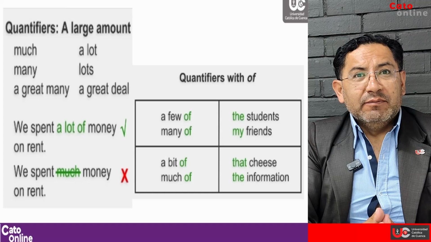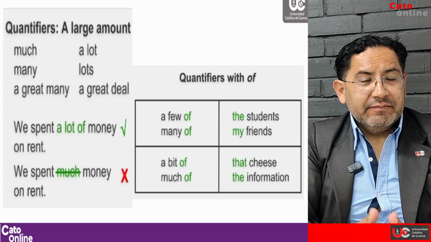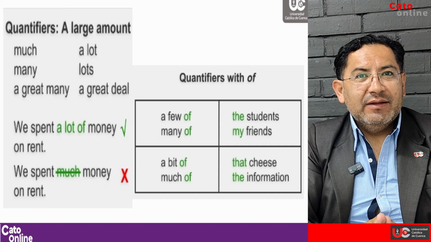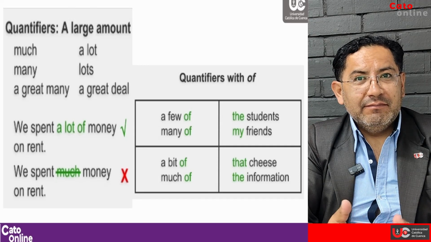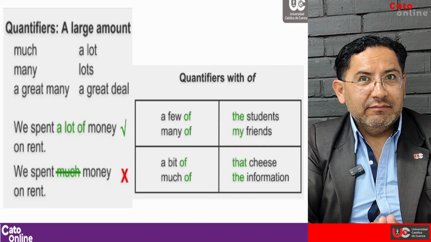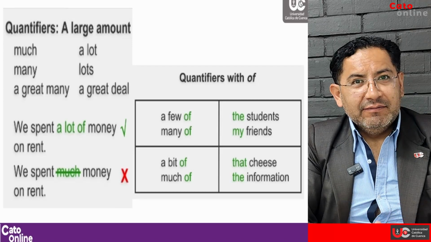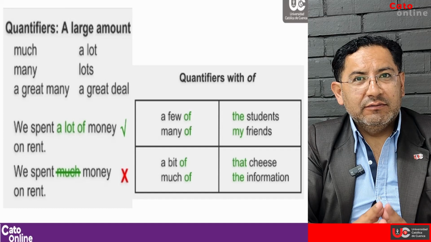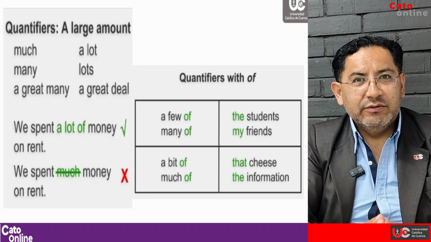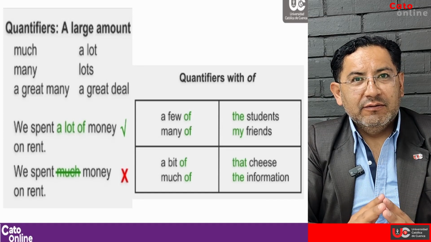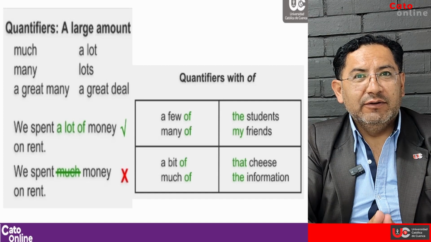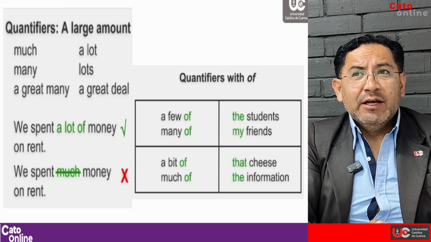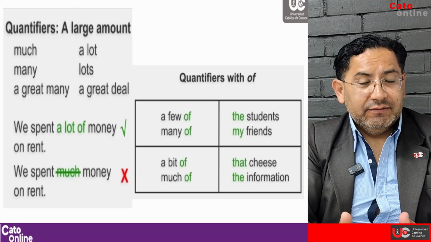We spend a lot of money on rent, but we can't say we spend much money on rent. Try to understand this situation. We can't use much. We have to say we spend a lot of money.